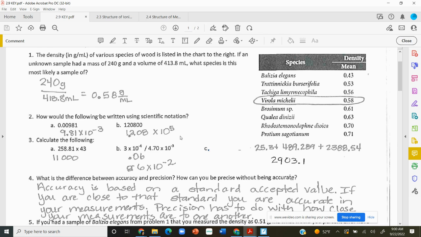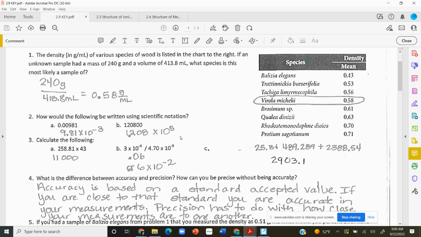Here, I have a 5 sig fig number multiplied by a 2 sig fig number. So my answer should be 2 significant figures. If I were to go and put a decimal point here, how many sig figs would I have? 5. But I only want a 2 sig fig number, so I'm going to have zeros here. Here I have a 1 sig fig number. Remember, this stuff over here doesn't count as far as significant figures.